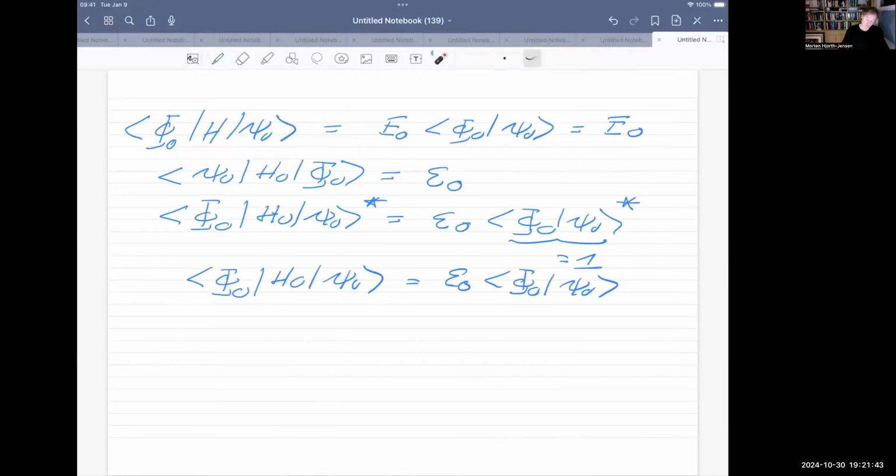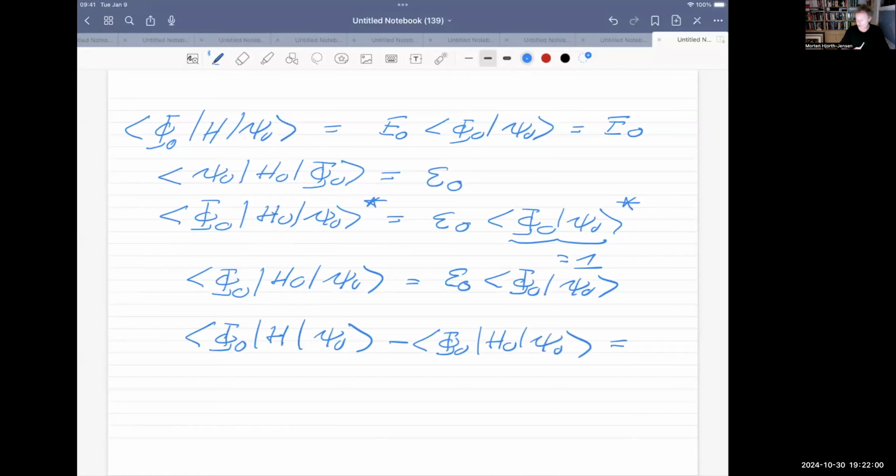So if we subtract this one from the equation for H, the full Hamiltonian, what we get then is phi 0 of H of psi 0 minus phi 0 of H0 of psi 0. And it's pretty obvious to see that this has to be equal to the ground state energy minus epsilon 0, times phi 0 of psi 0.